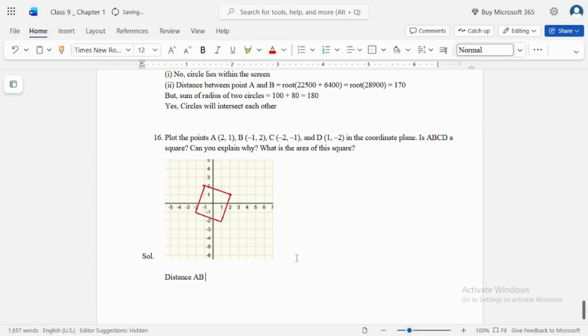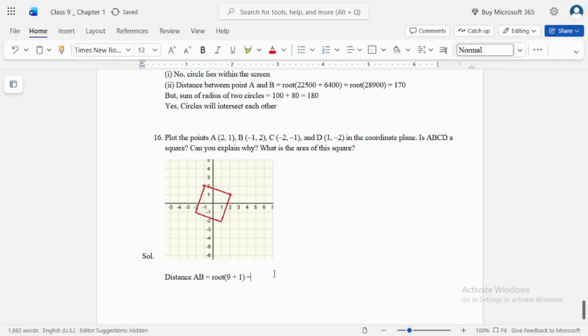Distance AB equals? How do we find the distance between two points? Root of (x2 minus x1) square plus (y2 minus y1) square. So for AB, this will be root of (x2 minus x1) square, which is minus 1 minus 2, meaning minus 3, squared is 9, plus (y2 minus y1) square, 2 minus 1 is 1, and square is 1.